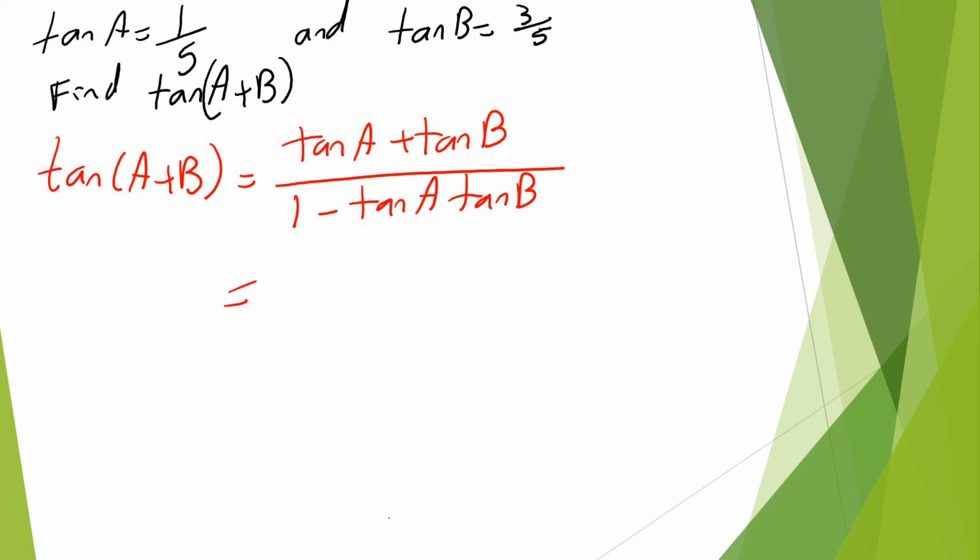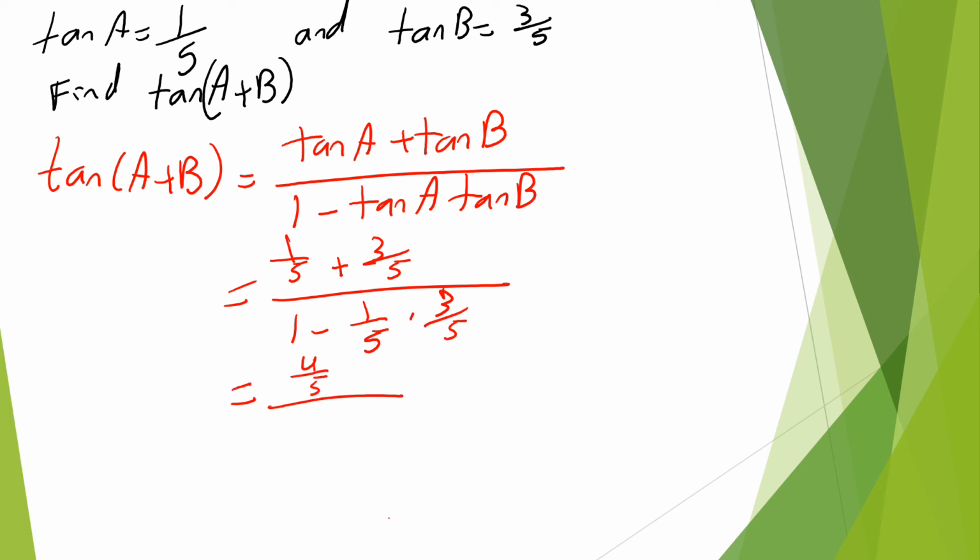We've already been given the values of tan, so this is 1/5 plus 3/5 over 1 minus 1/5 times 3/5. That gives 4/5 over 1 minus 3/25, which is 22/25. Then simplify and rearrange, and you end up with 10/11. So from tan A and tan B, you can find the value of tan A plus B.